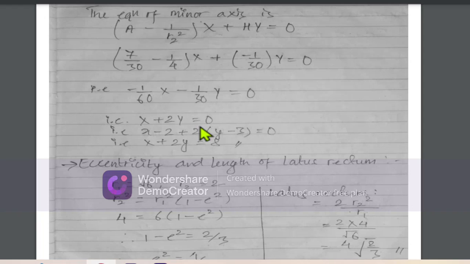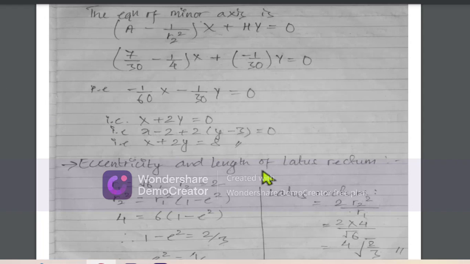And as we discussed in the previous section for the equation of the major axis, we must express capital X and Y in terms of small x and y, so it becomes x minus 2 plus 2y minus 3 equals 0. By solving this, x plus 2y equals 8.